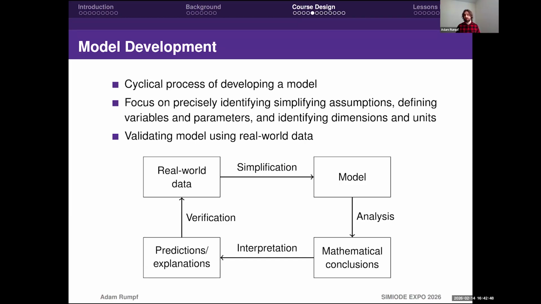That means taking an inventory of what details you're deciding to ignore, what details you're deciding to include, how you think they work, and then also being very intentional about coming up with what variables you want to keep track of, what parameters you want to build into your models, precisely describing what they mean in the real world, what their dimensions are, what their units are, and then also working with real world data. These are all things that students touch on in other classes, but that was a very big point of focus throughout our coverage of differential equations.